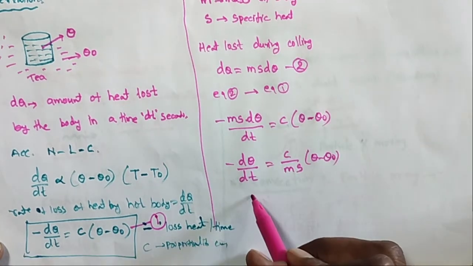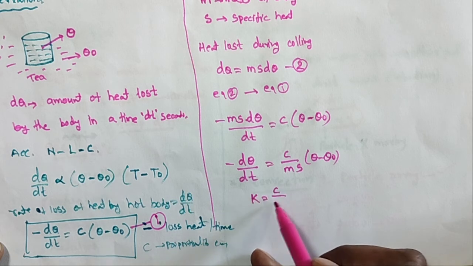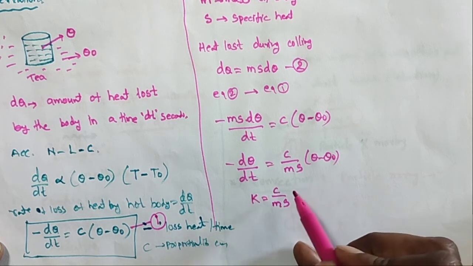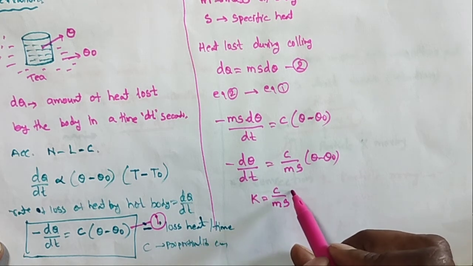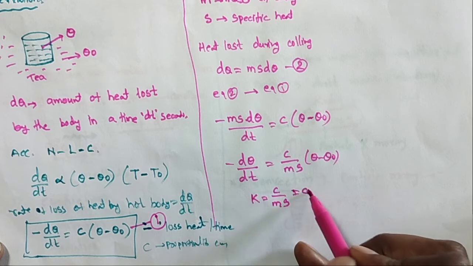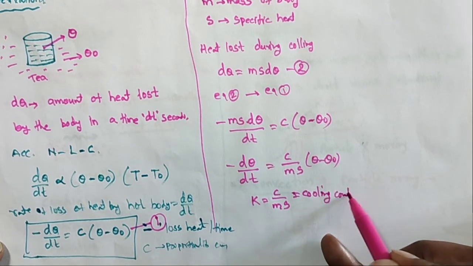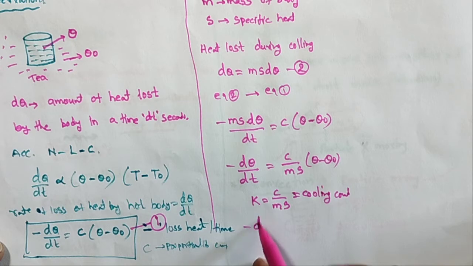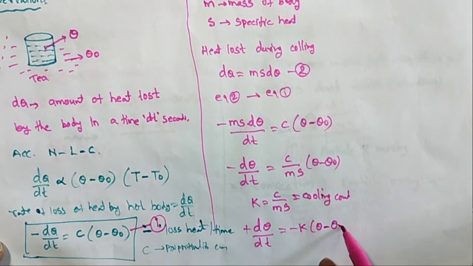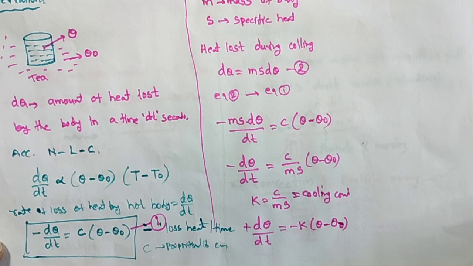Here I am taking k is equal to c by ms, where k is called the cooling constant. So minus d theta by dt is equal to k into theta minus theta naught.